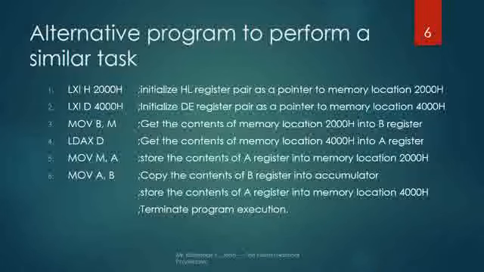We use MOV A, B, and we store using the command STAX D. So we store what is in the accumulator using the address pointed to by register D and E. Finally, we terminate our program using HLT, which means halt the program, and execution would stop.